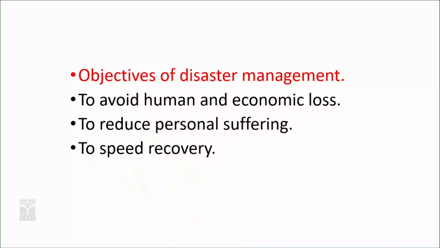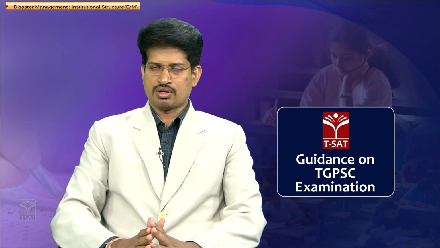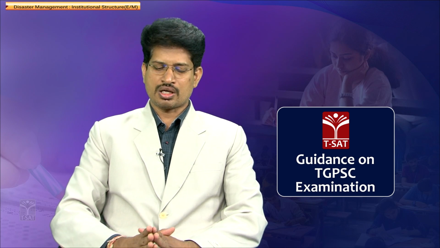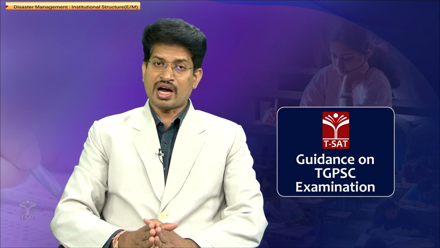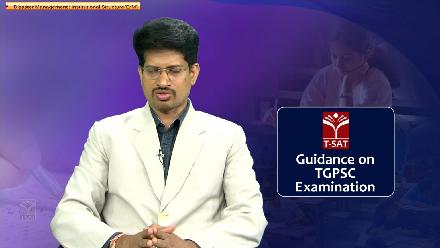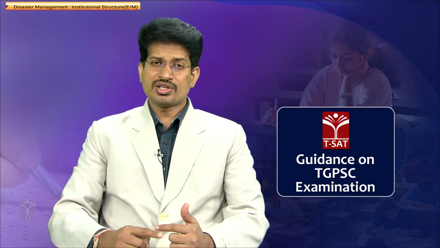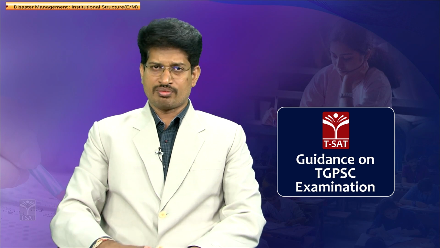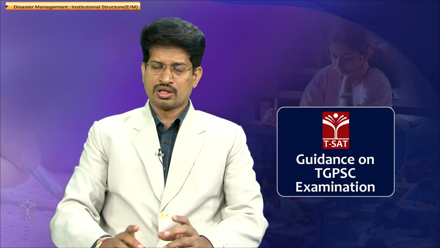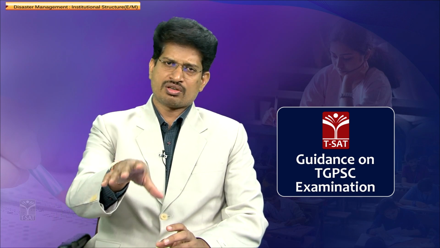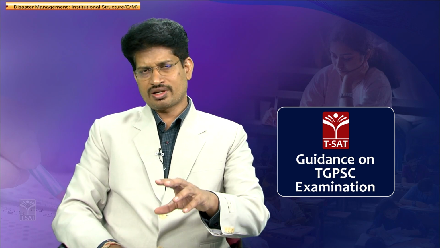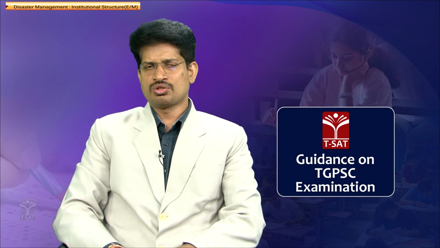And speedy recovery. When these kinds of steps can be taken in advance, a proactive regime in expectation of a disaster, necessary steps need to be taken, identifying the different types of disasters, identifying the probability of occurrence of a type of disaster, and zoning them geographically, so that the possibility of occurrence of a cyclone is limited to a geographical region, and the possibility of occurrence of an intense earthquake is limited to a geographical region.